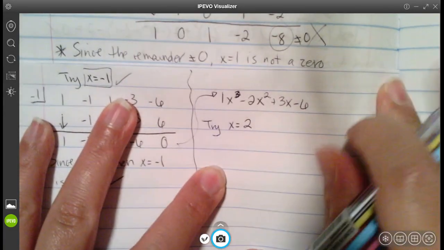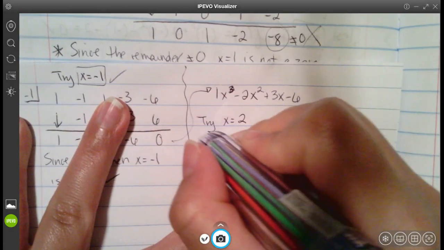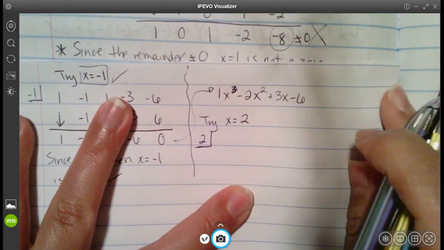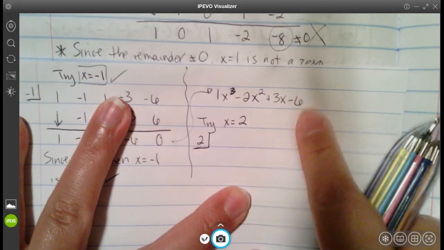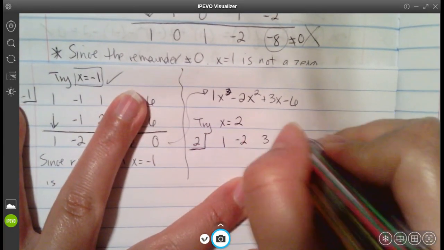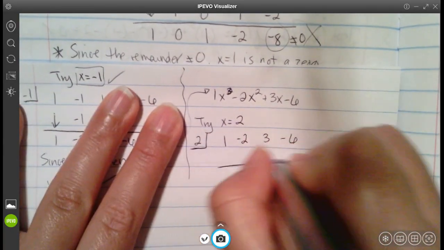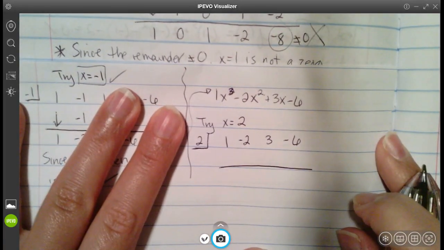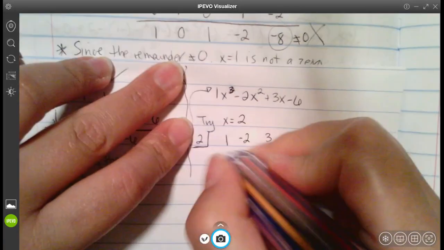Okay, and we're going to do the same thing. So there is my 2, and I'm going to use these numbers this time. So 1, -2, 3, -6. Same deal.